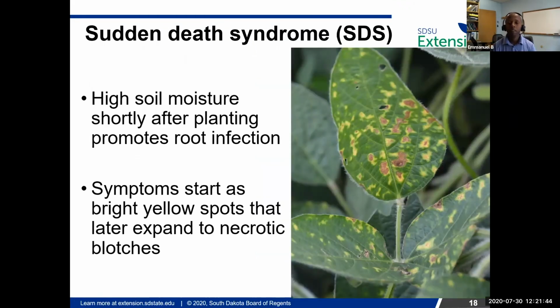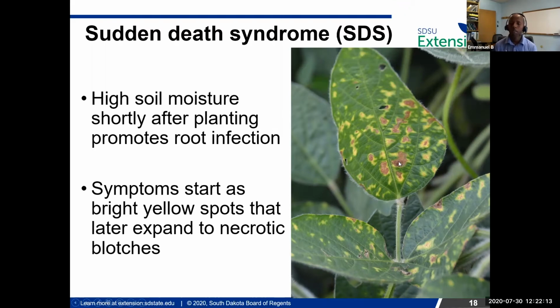We have sudden death syndrome that you're likely to find this year, especially in areas where we've had a lot of moisture. Here I'm just giving you a quick reminder of how to tell sudden death syndrome from other diseases out there. You have these bright yellow blotches in the leaves between veins, and when the symptoms are advanced, those yellow blotches are going to die out.